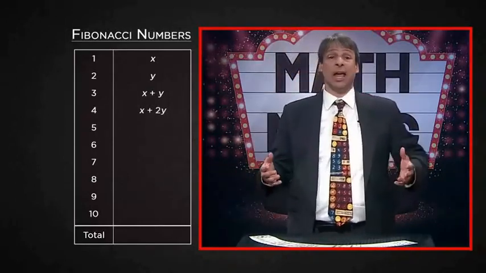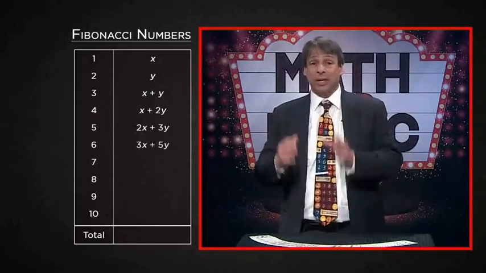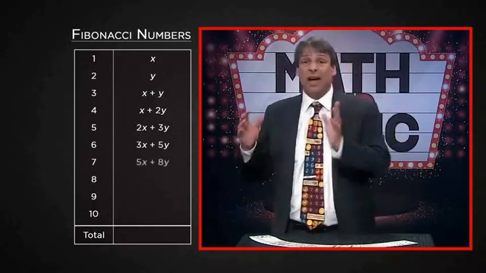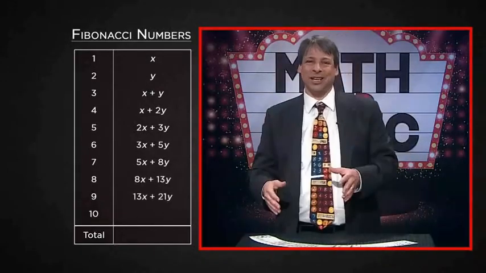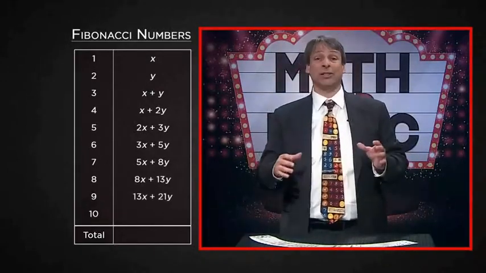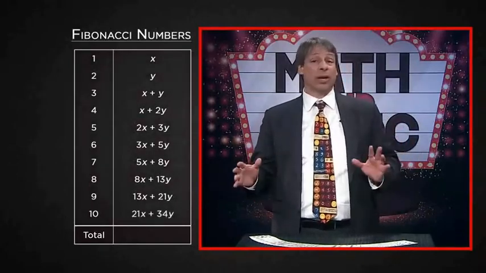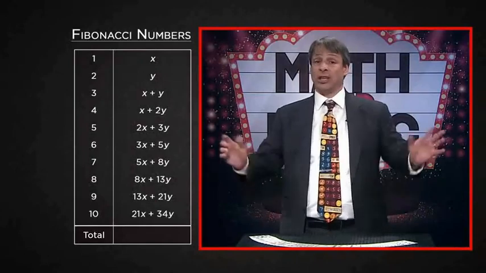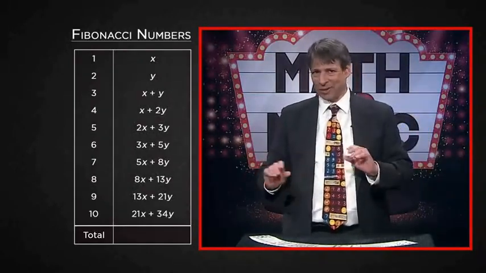Continuing this way, the rest of the rows will have 2x plus 3y, 3x plus 5y, 5x plus 8y, 8x plus 13y, 13x plus 21y, and finally 21x plus 34y. By the way, it's no coincidence that all those coefficients are Fibonacci numbers, but I digress.